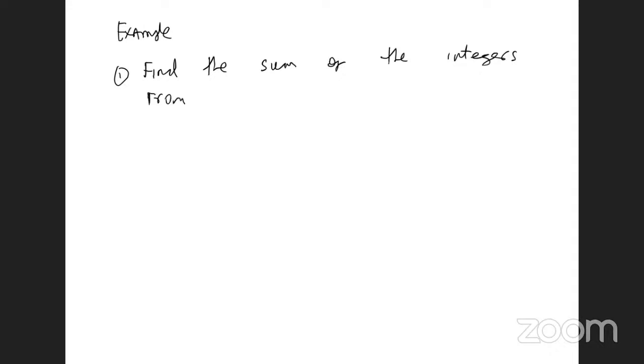All right, try this example here. Find the sum of the integers from 12 to 55.